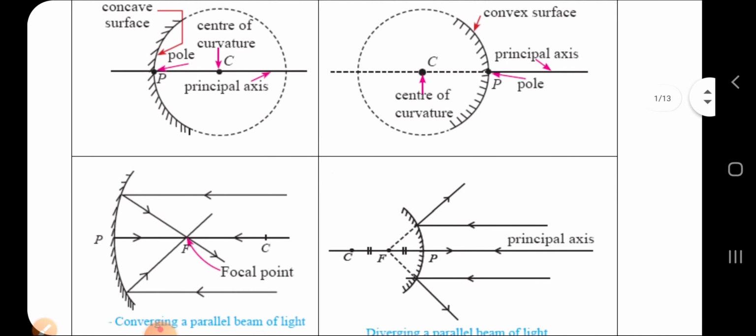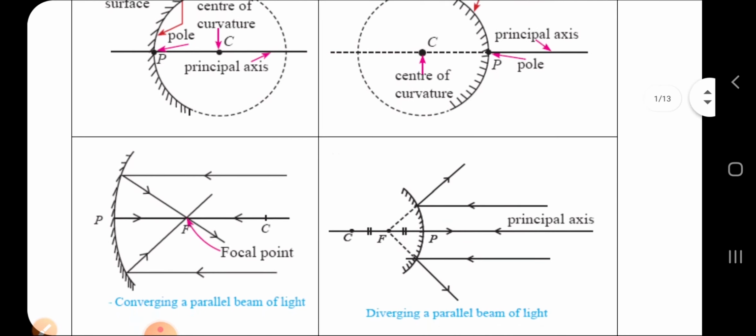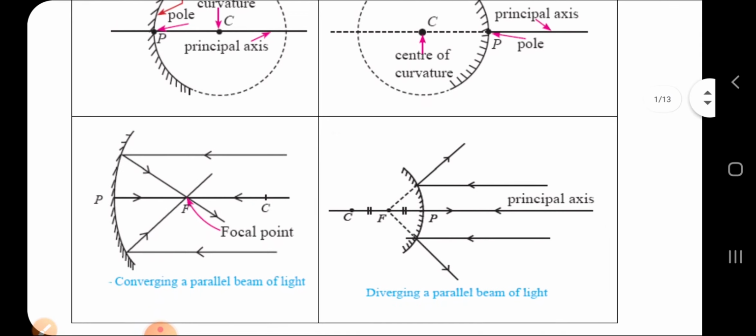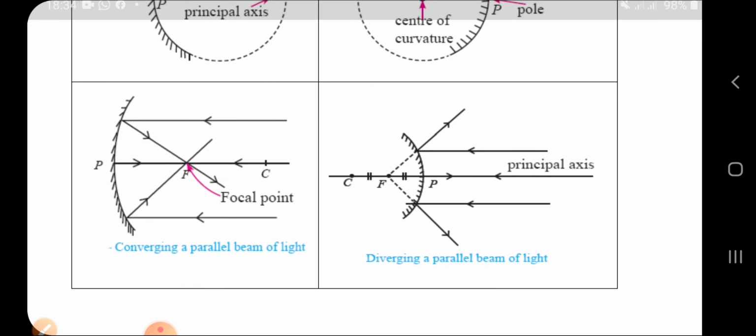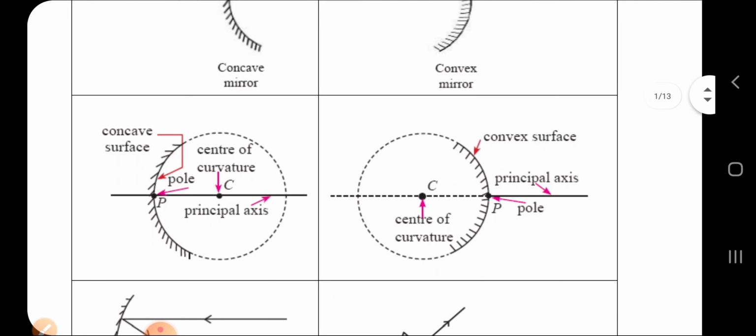In a concave mirror the reflecting surface is inside the sphere, but in convex mirrors the reflecting side is towards the outside, right? As you can see here, the principal axis lies as the diameter of the sphere, and you can see the center of the curvature and the pole, right?